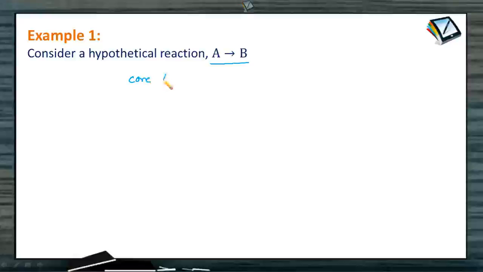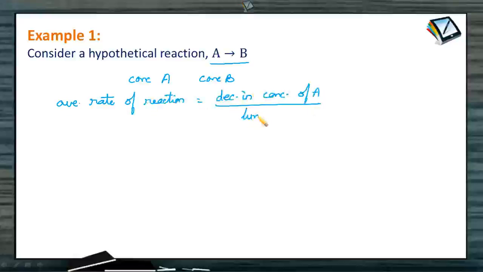So I can write like this: average rate of reaction is equal to decrease in concentration of A upon time taken for that change, or in terms of products we can write like this: average rate of reaction is equal to increase in concentration of B divided by the time taken for that change.